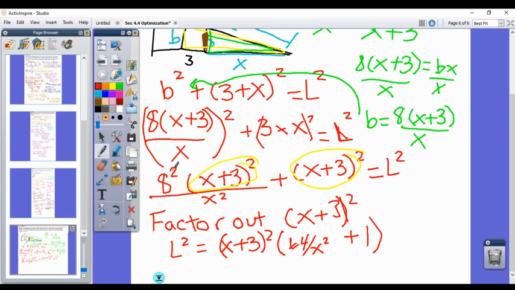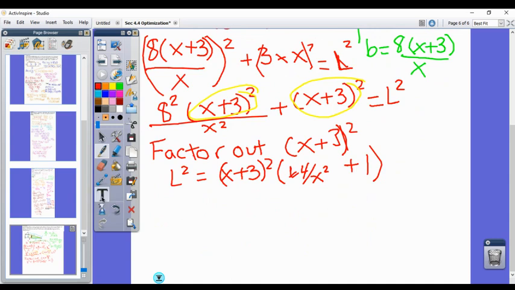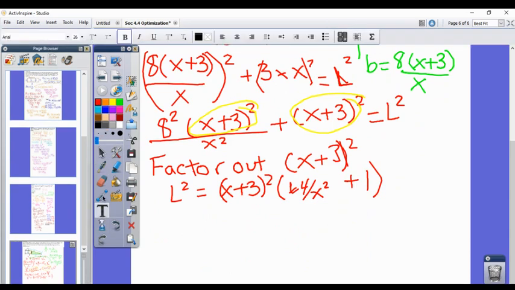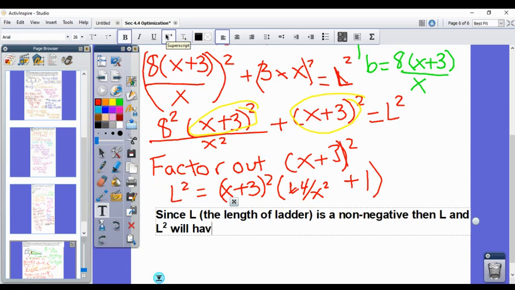Now, one other important thing to note is that since L, which is the length of the ladder, is non-negative, then L and L squared will have the same extrema, meaning we can minimize L squared.